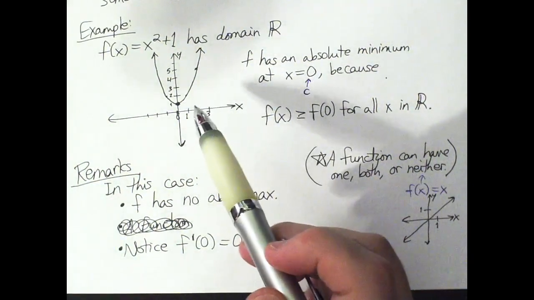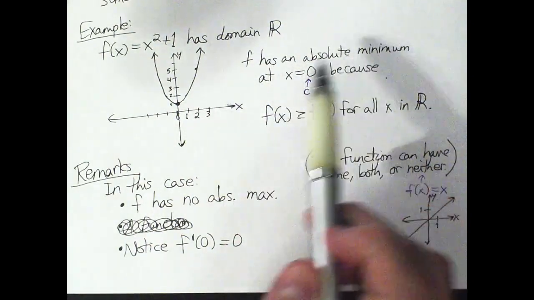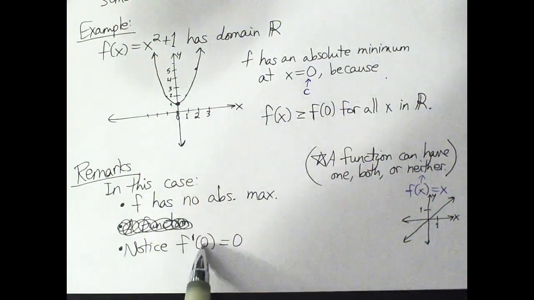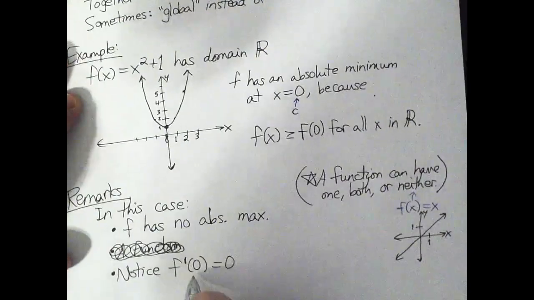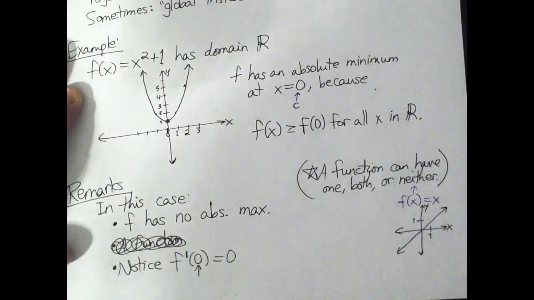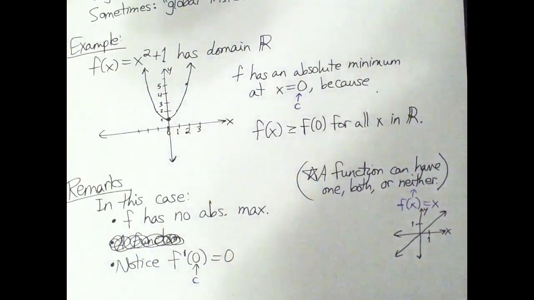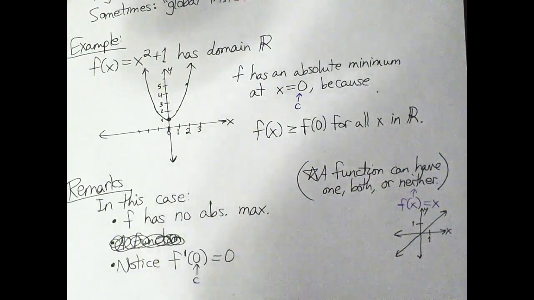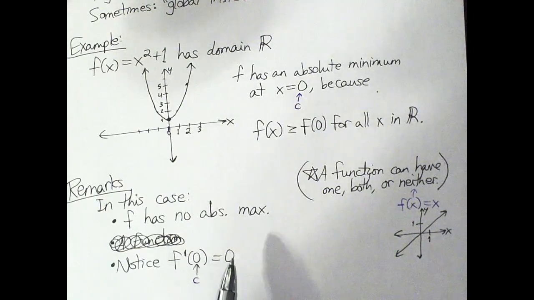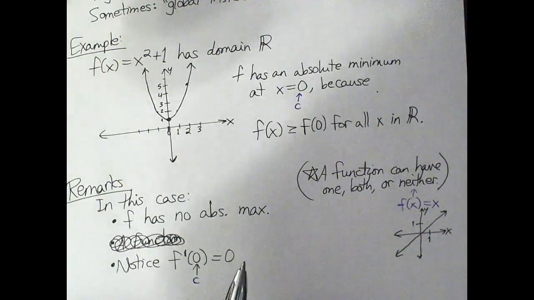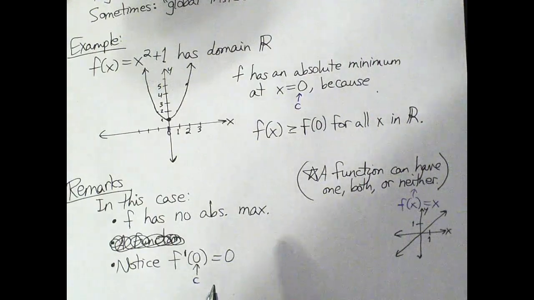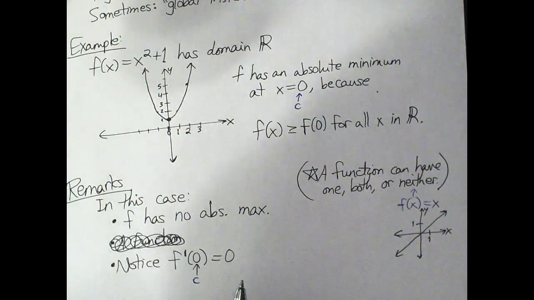But it does seem like at the place where the absolute minimum is occurring, this is the c value, isn't it? Where the minimum occurs, it seems like the derivative is 0. Do you think that has to happen? In order to have an absolute minimum, do you think the derivative has to equal 0, like a horizontal tangent line? Well, we're going to discuss that a little bit more in a few minutes. So let's not get ahead of ourselves, but we're going to talk about how the derivative is related to extrema.